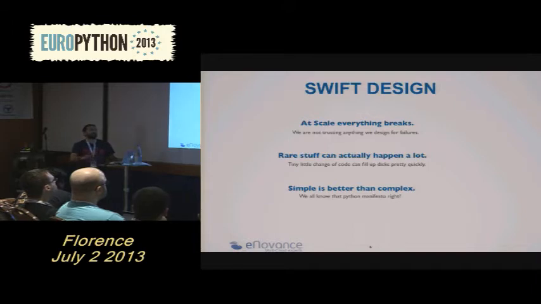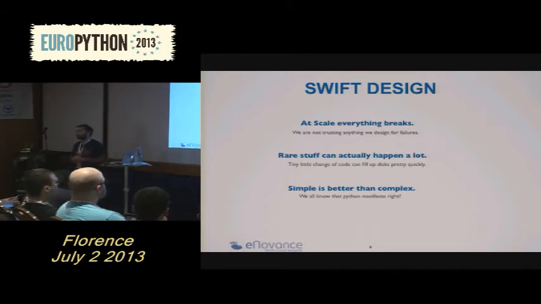So the design of Swift. When we started to design Swift, we had a few global mottos that we wanted to make sure we achieve. When you start to design massively scalable systems, you know that at scale everything is going to break. So don't trust anything in your architecture.